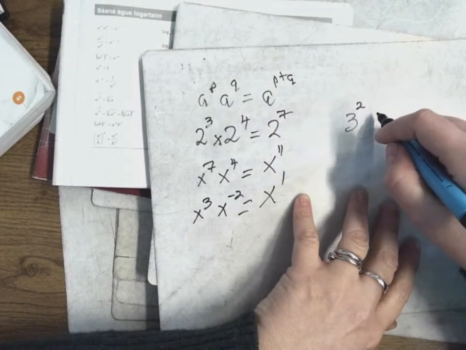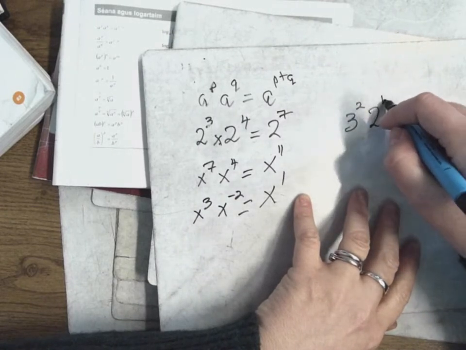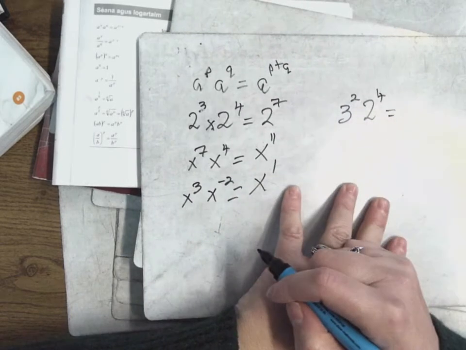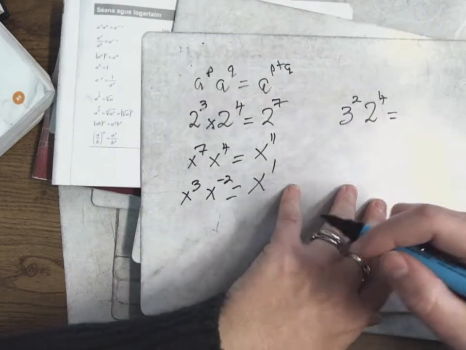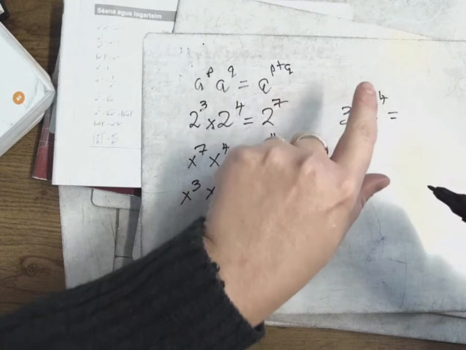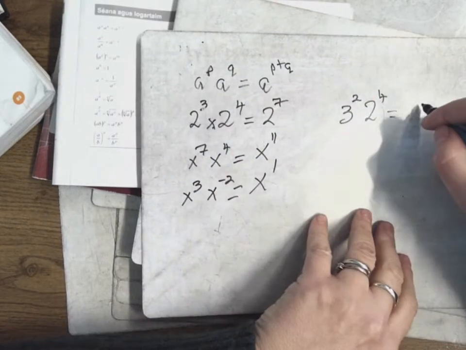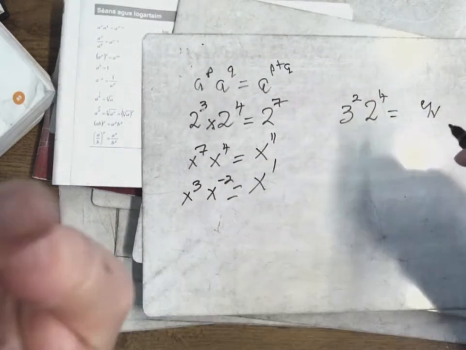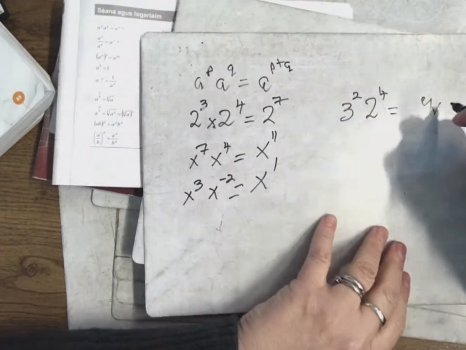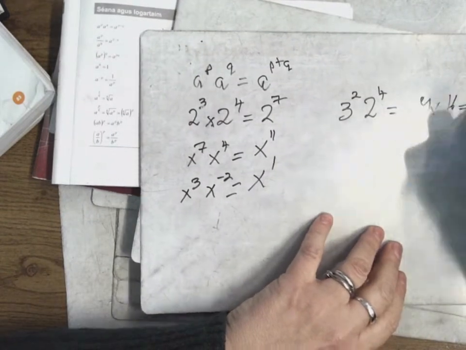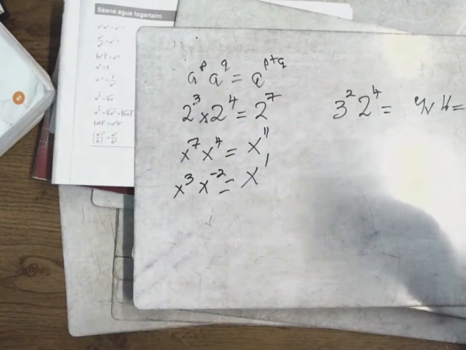So if I have something like this, 3 squared times 2 to the power of 4, is there any shortcut there? Absolutely no shortcut there. You'd have to say 3 squared is 3 by 3 is 9, and 2 to the power of 4 is 2 by 2 by 2 by 2, which is 16, and you'd have to say 9 by 16 is whatever it is. Is that okay?